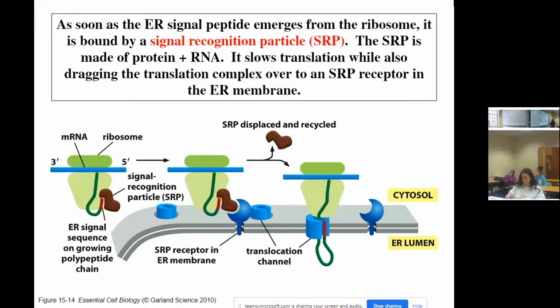So this signal recognition particle is conceptually similar to the nuclear transport receptor. It floats around in the cytoplasm. And its binding partner is the ER signal sequence.